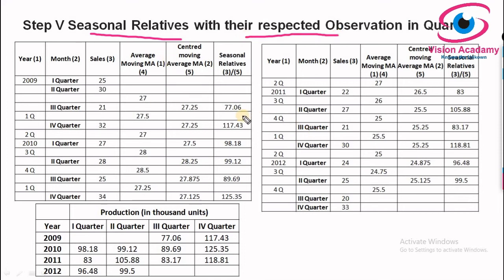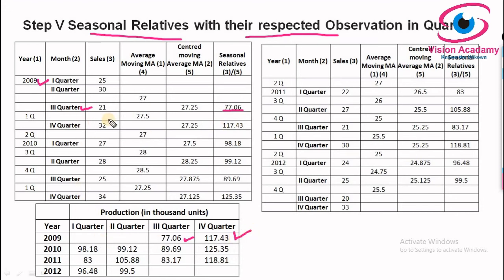So now pick those seasonal relatives. Example, look here, 2009. In 2009, the third quarter seasonal relative is 77.06. Here in 2009, I have inserted 77.06, and in 2009 only, the fourth quarter seasonal relative is 117.43.